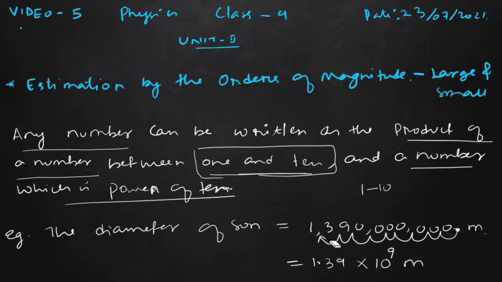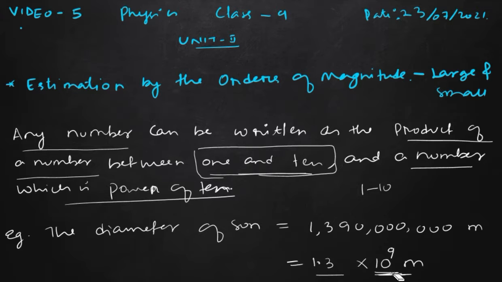According to the definition, the number 1390000000, with no decimal here, can be written as the product of a number between 1 and 10, that number is 1.39, and another number which is a power of 10, that is 10 to the power 9.